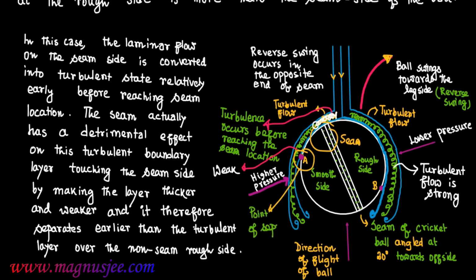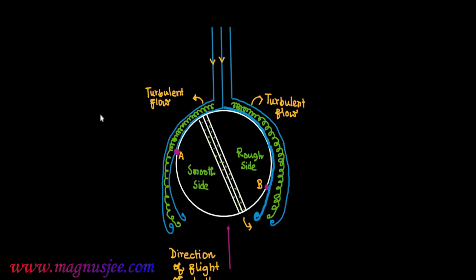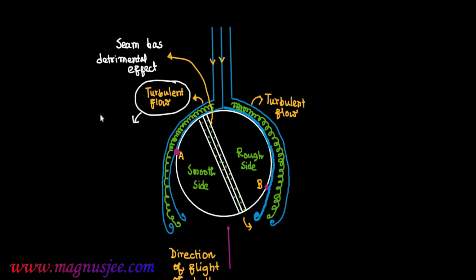A is the point of separation from which the weak boundary layer is separated from the seam side of the cricket ball, and B is the point of separation on the other side. Again, we can explain this case here. This is the seam of the cricket ball, which has a detrimental effect. That means the seam makes the turbulent flow thicker and weaker.